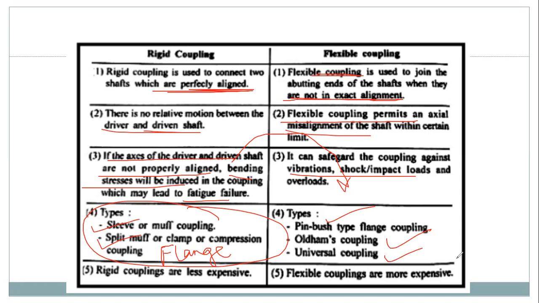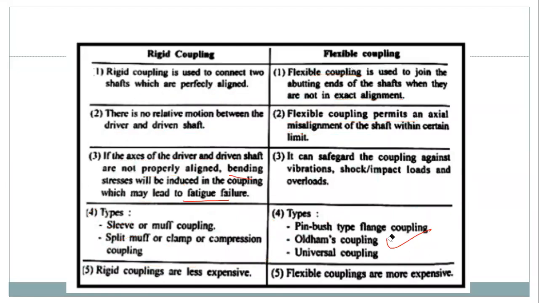These are the types of the flexible coupling. Last and the very important part is that rigid couplings don't use the brass bushes or rubber bushes, and its construction is also very easy. Simple parts are used. That's why rigid couplings are less expensive. But if you figure out the different parts of flexible couplings, that makes them very expensive as compared to rigid couplings.